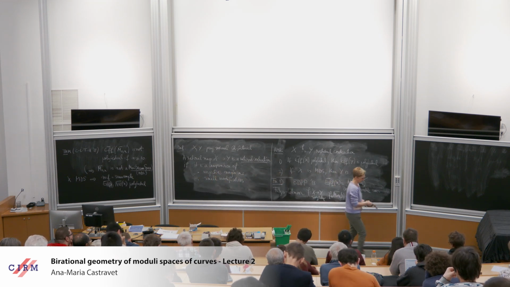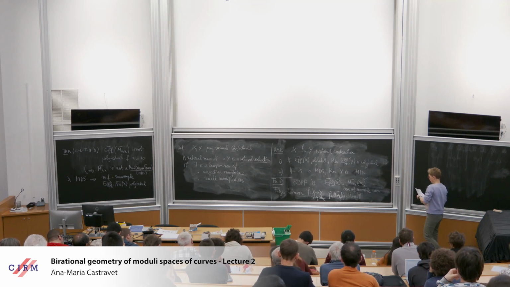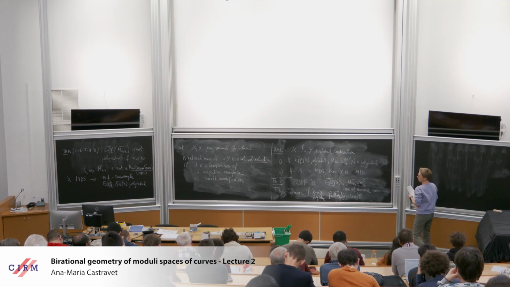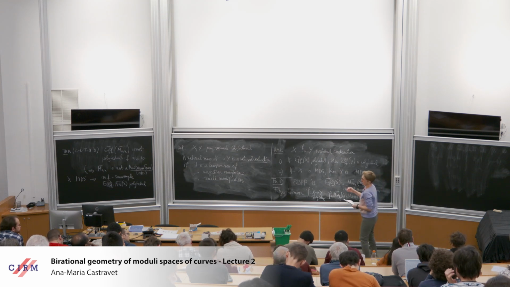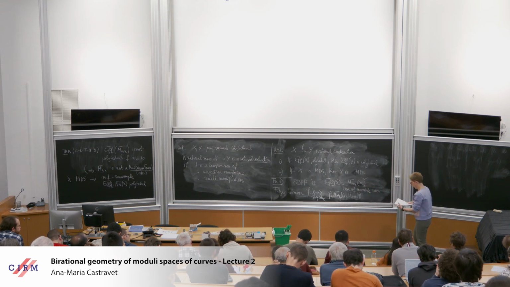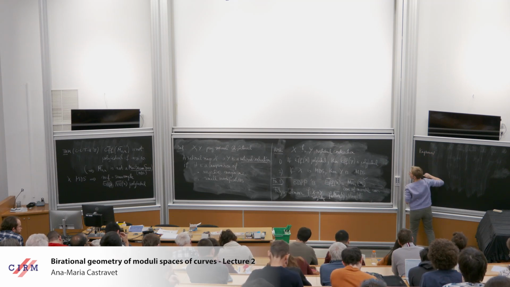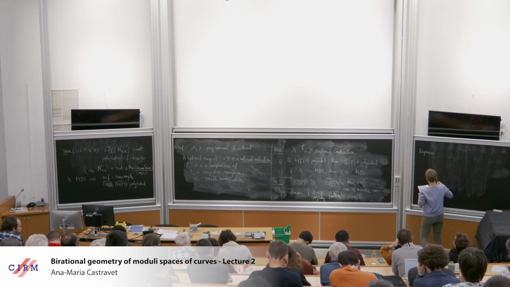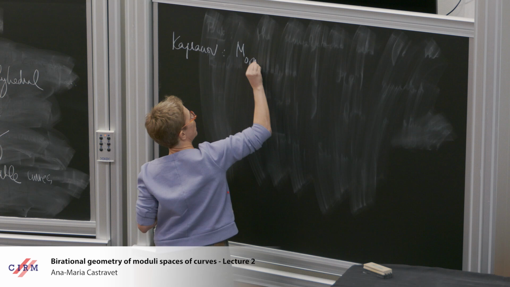Okay, and so going back now to the space we are interested in, M0,n bar, let me recall the Kapranov description. So we're looking for rational contractions of M0,n bar towards simpler spaces. And there was this theorem of Kapranov that describes M0,n bar as an iterated blow-up.